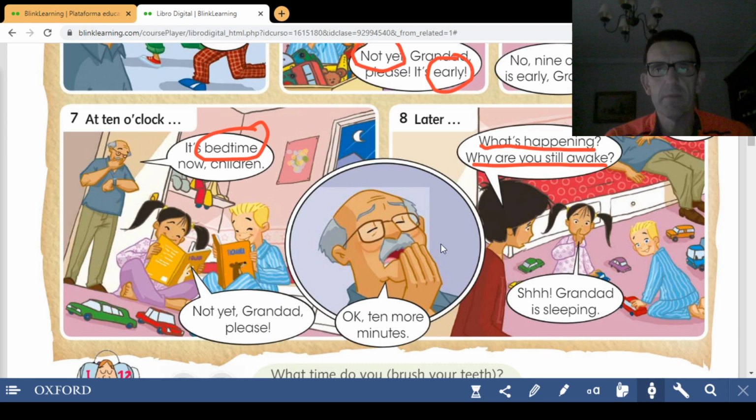Here we are, activity book, page 48, my day 48. Well, don't worry, because probably you are saying, teacher, we didn't finish page number 47.